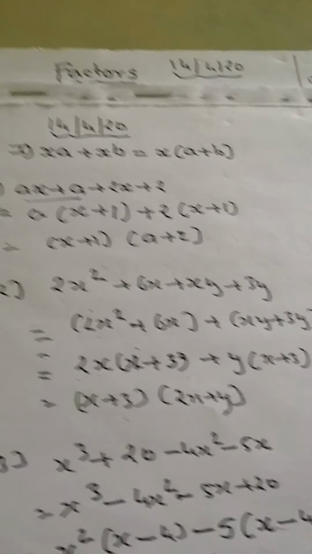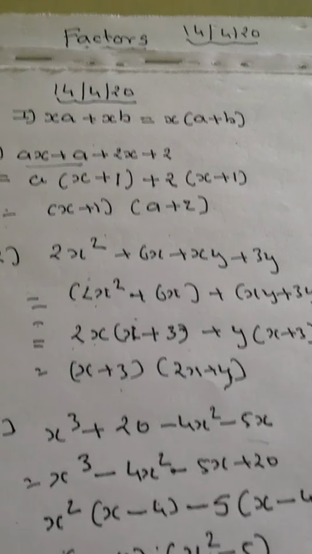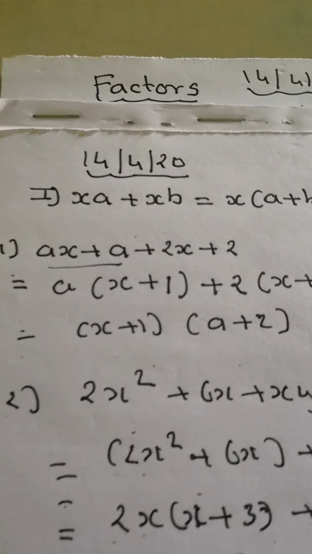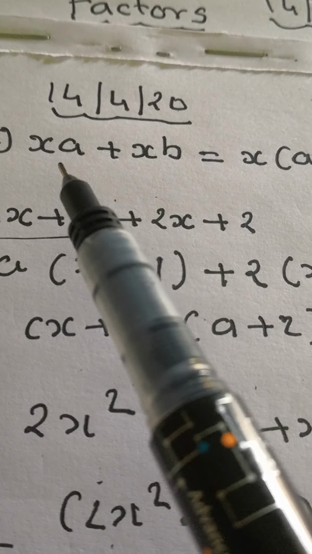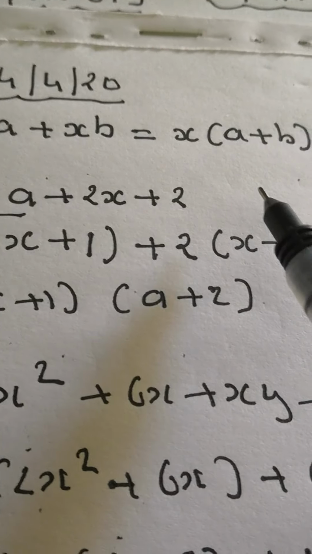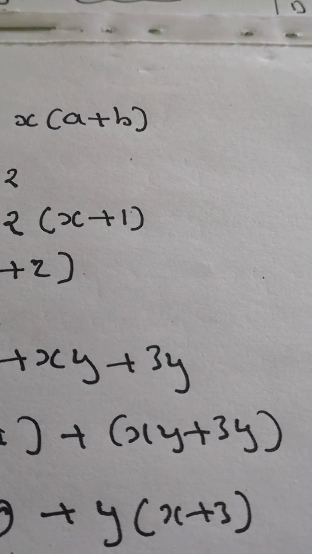So dear students, today we have studied identity number 1, that is ax plus xb, where x is common, so I am getting x into a plus b. The first 4 sums I have explained twice, so I am going with sum number 5.